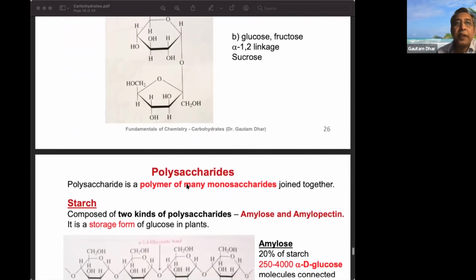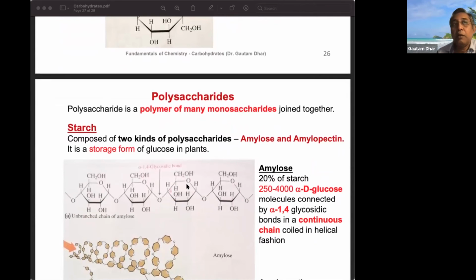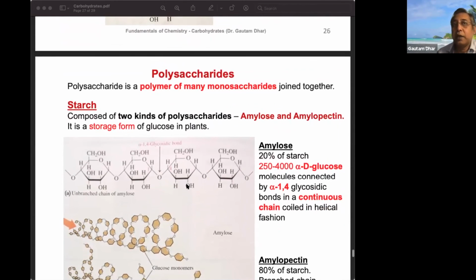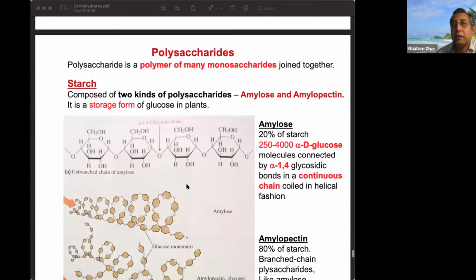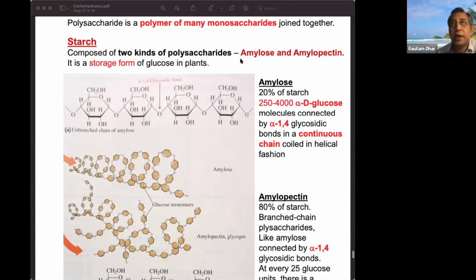Now polysaccharides. Poly means many. We have only 3 to look at: starch, glycogen, and cellulose. All you need to know in starch is that starch consists of 2 kinds of polysaccharides, amylose and amylopectin, and it is used for storage.